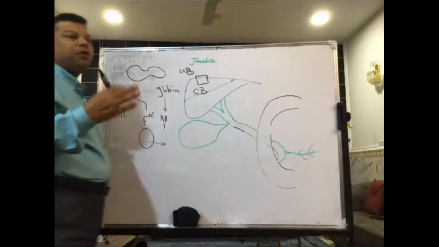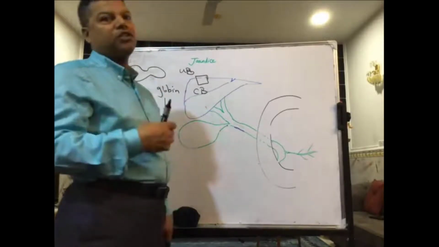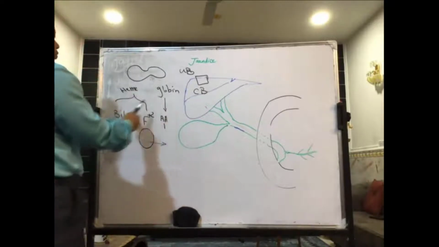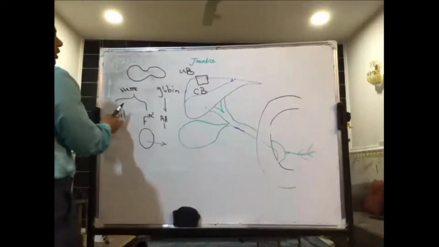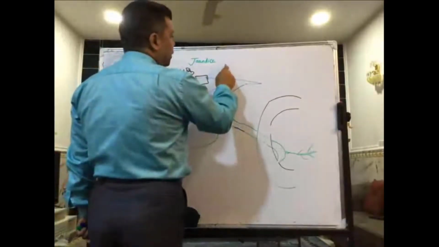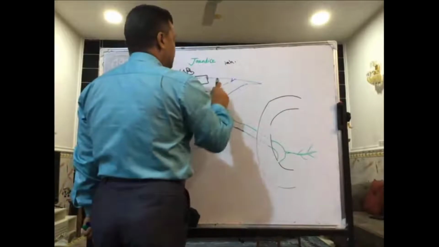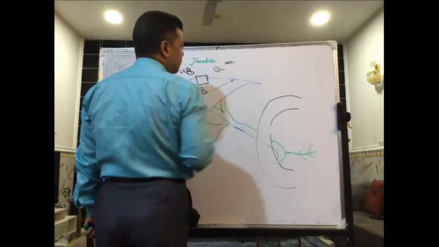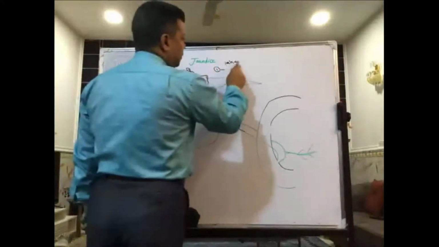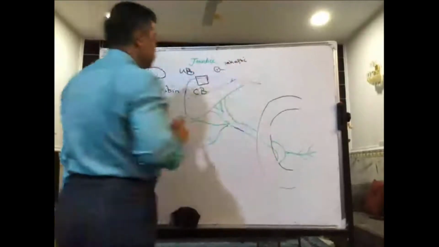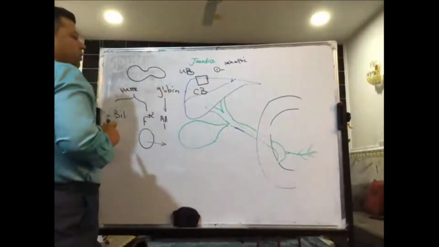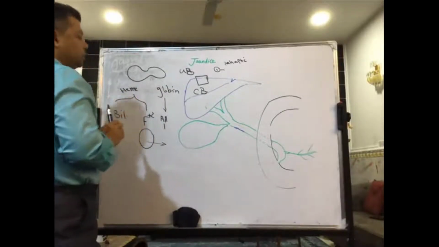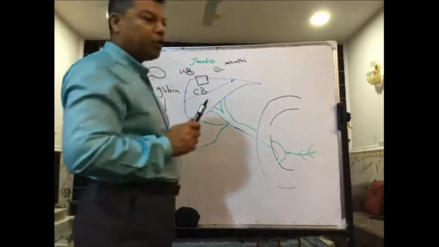So it is anemia, I mean a low level of hemoglobin, and beside this there is bilirubin overproduction, which is the prehepatic type of jaundice. This is the first type, prehepatic jaundice, due to over destruction of RBC due to hereditary abnormality.